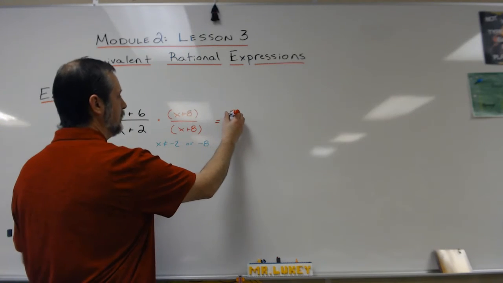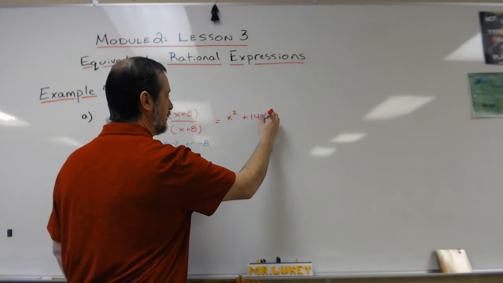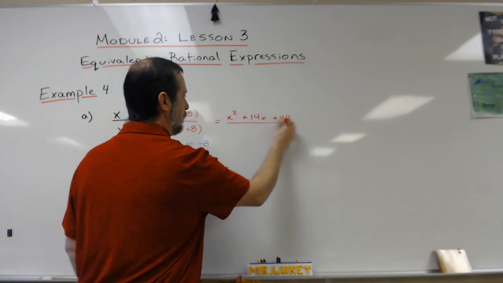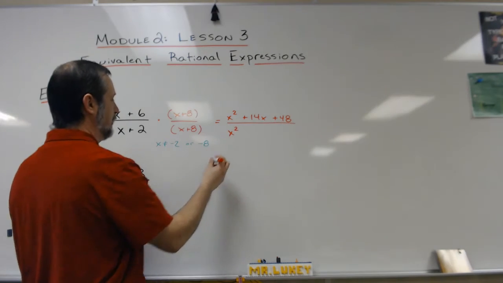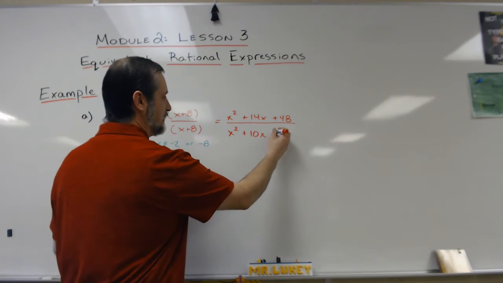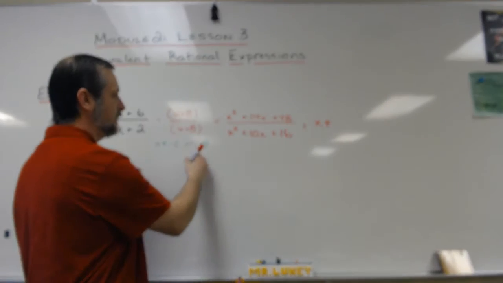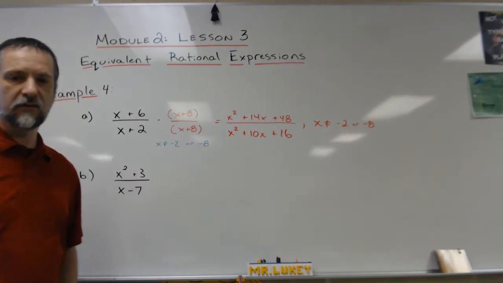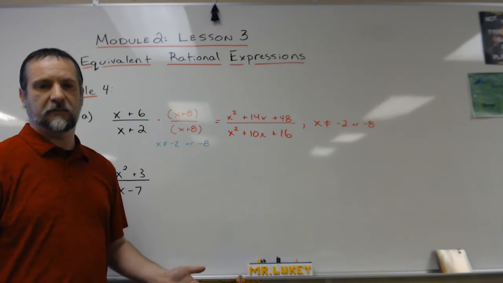So x squared, 6x and 8x is plus 14x, and 6 times 8 is 48. x plus 2 times x plus 8 is going to be x squared, 2x and 8x is 10x, and 2 times 8 is 16, where x cannot equal -2 or -8. And that was it. So we just chose our random value to multiply this by, and we expanded.